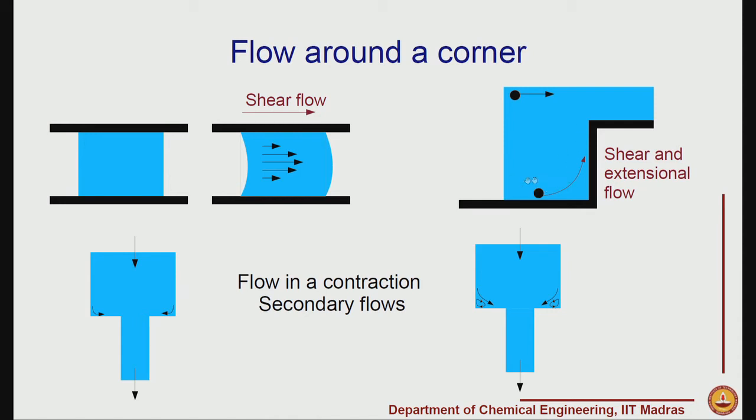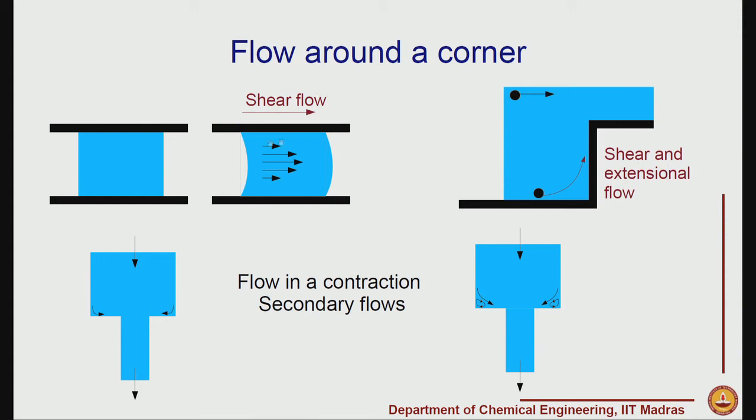In this case, the velocity of the fluid keeps changing as it moves along, and therefore, later in the course we will see that during these corner flows the kinematics of the fluid flow will have both shear and extensional components. Therefore, if one is interested in knowing the flow in a contraction, we need to be able to describe both shear and extensional behavior of the fluid.